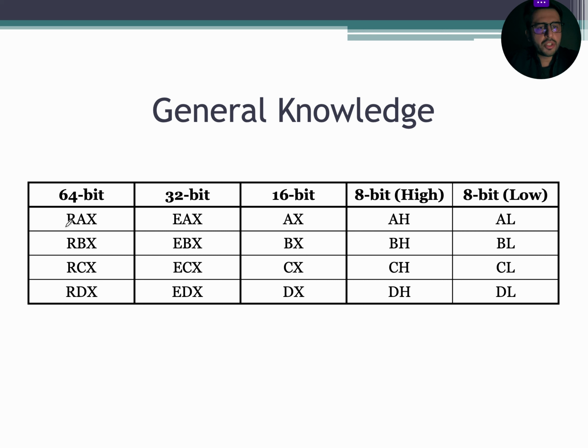For general knowledge, do remember that R in any data register represents 64-bit, E represents 32-bit, and AX, BX, CX, and DX represent 16-bit architecture.